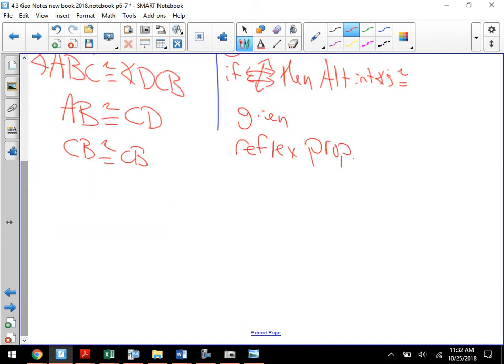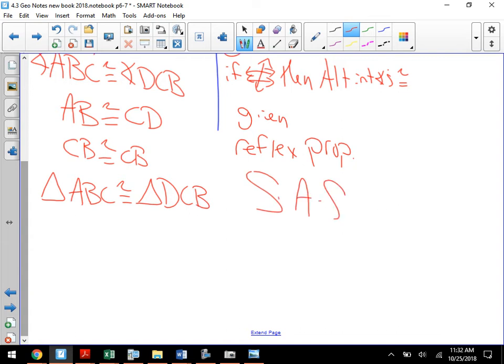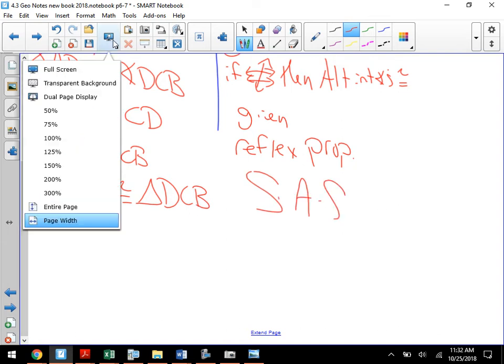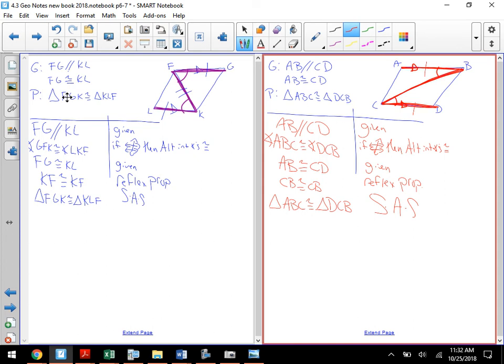Make sure you're writing reflexive property. You guys notice those two are the exact same thing? Yeah. So the same setups, guys. You'll see this a lot as you go through.